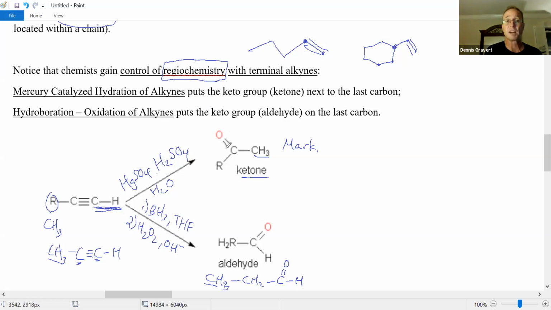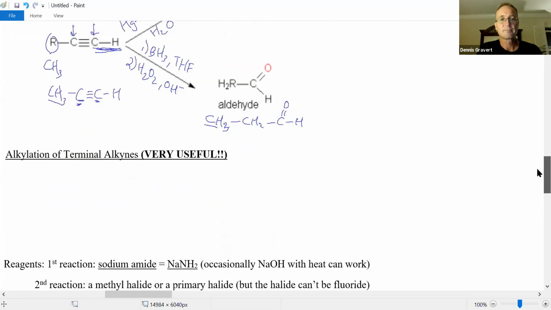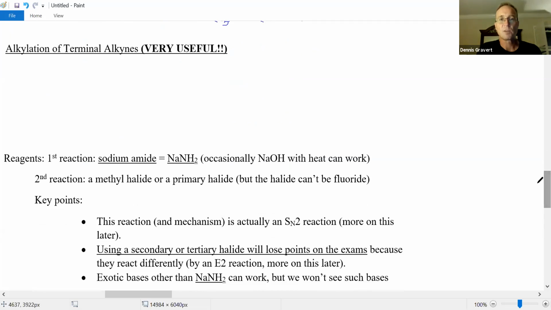Mercury will put the C double bond O at this location. Borane will put it at this location. And it's a big difference. If the double bond O goes on the first carbon, it's a ketone. If the double bond O goes on the second one, it's an aldehyde. Regiochemistry, yay.